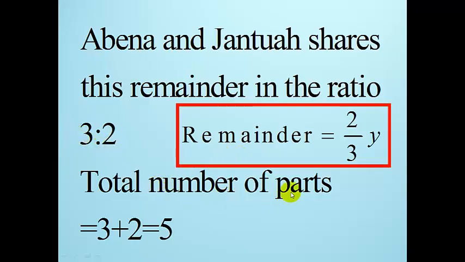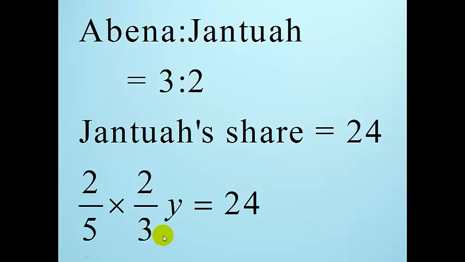Now the total number of parts equals 3 plus 2, and that is equal to 5. Now Abena is to Jantua is equal to 3:2. That's the ratio. That means that Abena's ratio is 3 and Jantua's ratio is 2.